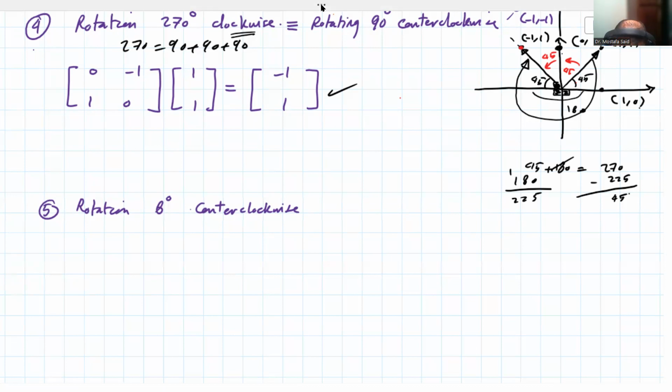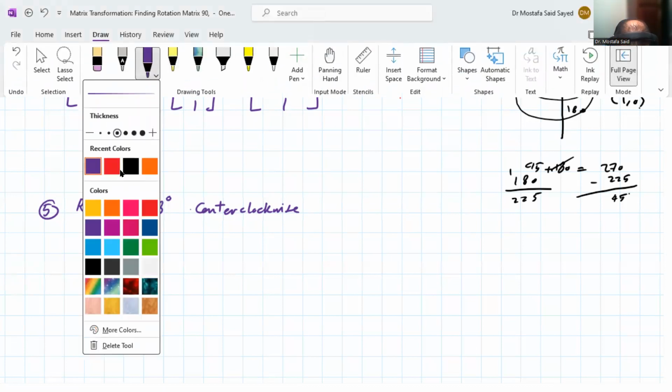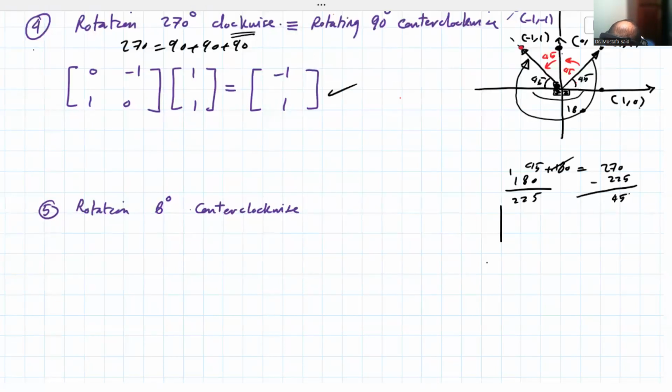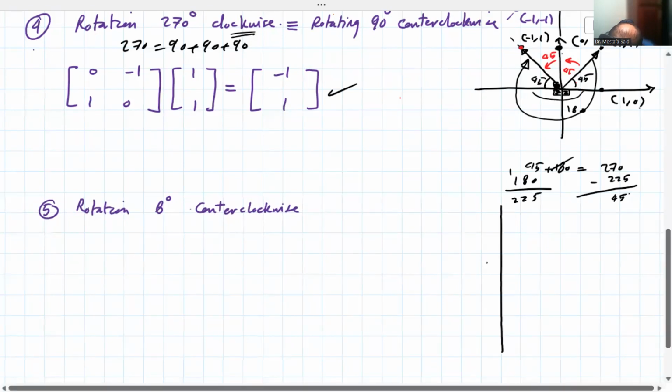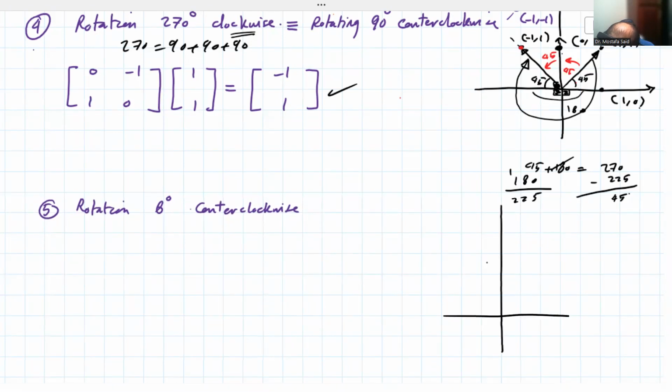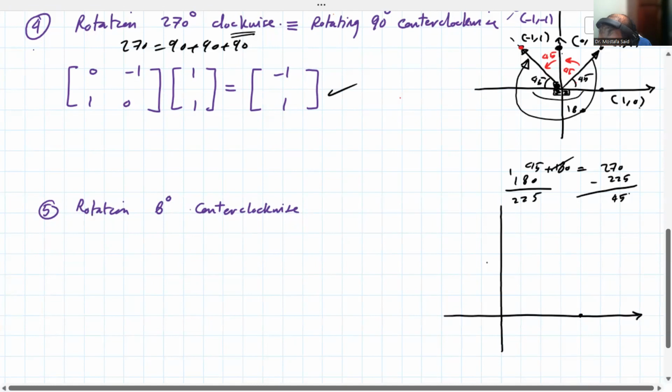So let's do that here on the axes. That's our y-axis and that's our x-axis. I'm going to draw them big this time. This is, for example, 1, 0. Of course, it's so big, but you know. So I want to rotate the 1, 0 first by a theta angle.